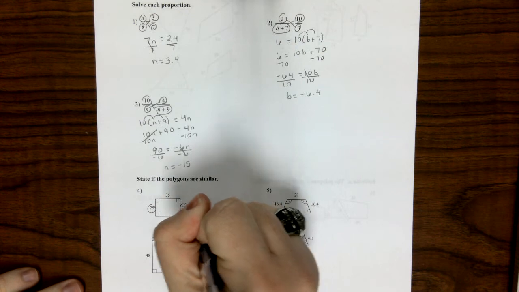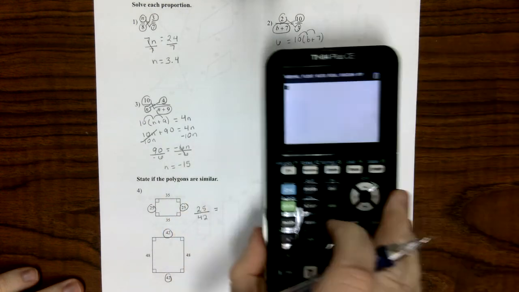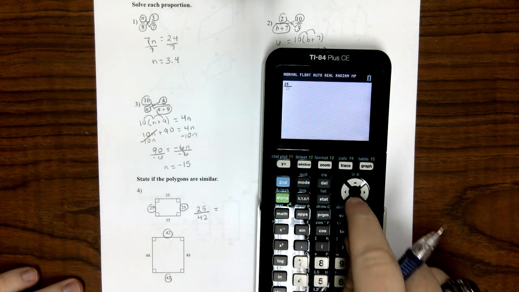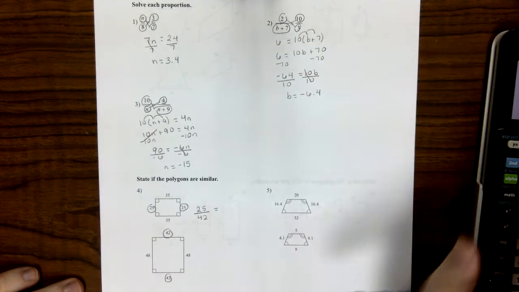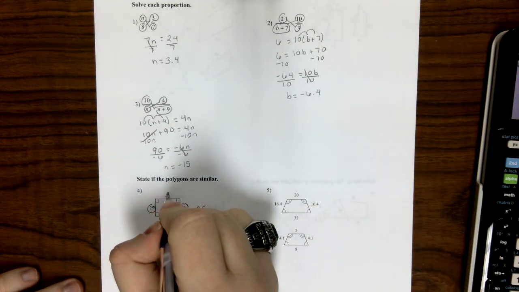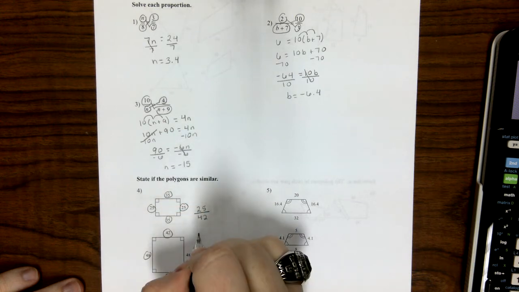So 25 over 42. Does that reduce at all? Let's see. No, it doesn't, so that's going to stop right there. The other one is going to be 35s with the 48s.